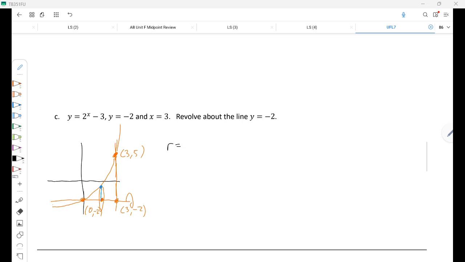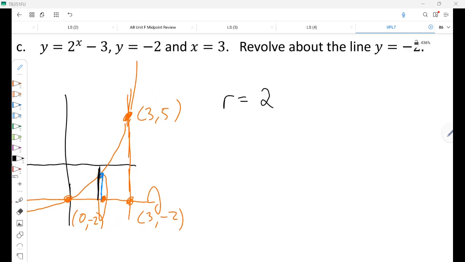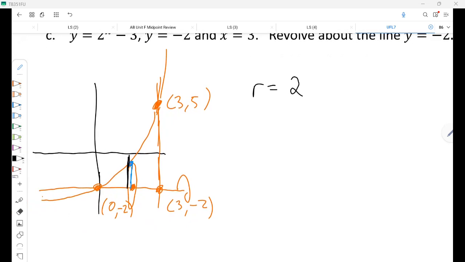But this one, I expect this one to kind of be tricky. If you want to keep your radius positive, you would want to say 2, right? Because my whole line is 2. And we want to take away the function value, right?